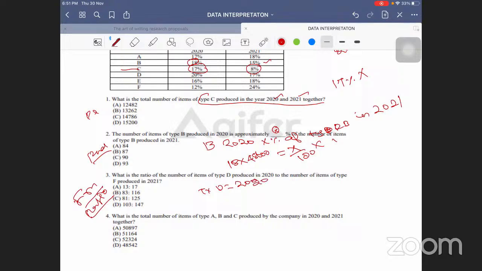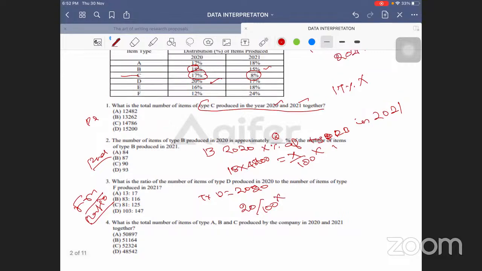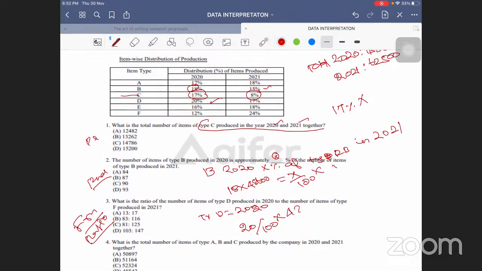First we find the number of items produced in type D in 2020. So 20% divided by 100. The total in 2022 is 48,600. So we cancel the zeros. 486 into 20.